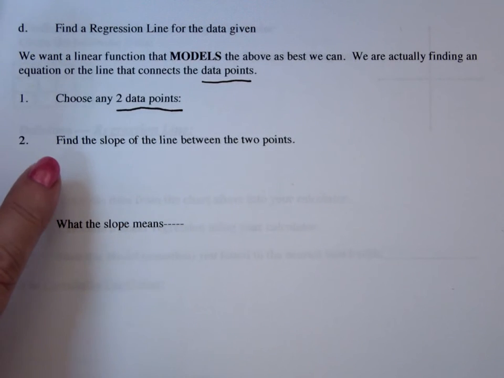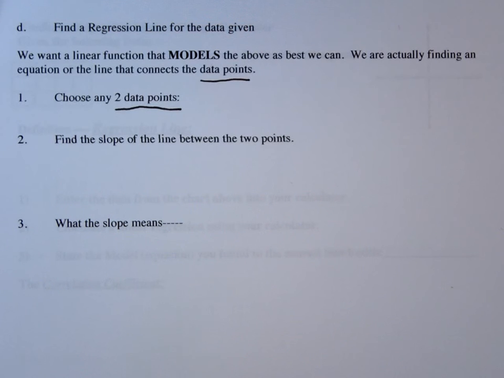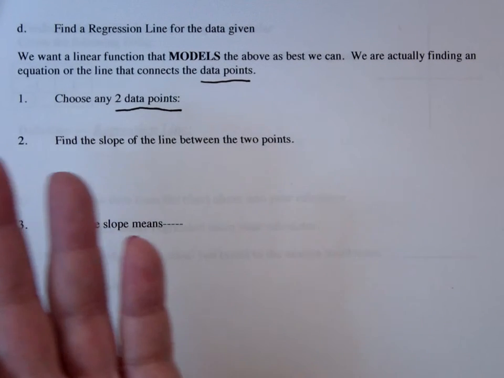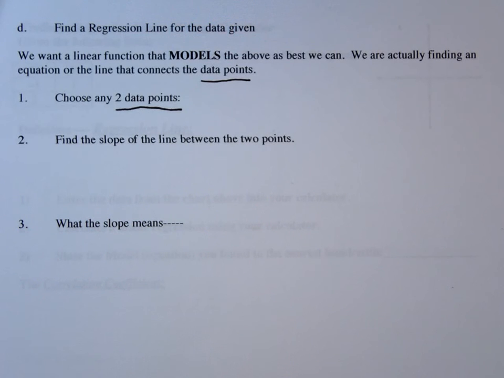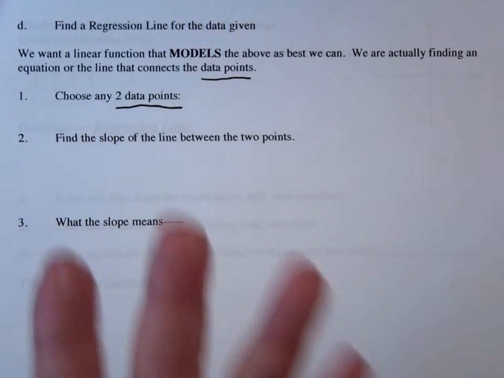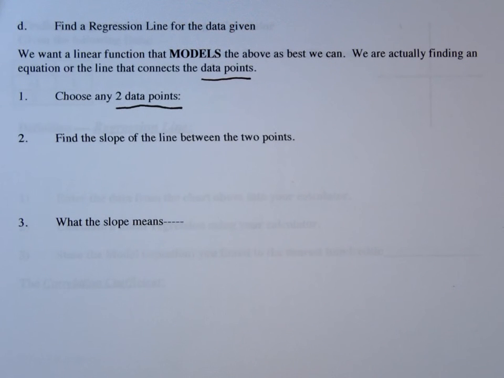We find the slope of the line, and remember, once we have 2 points, we can get the slope. Once we have the slope and one of those 2 points, I can find the equation of the line. That's why a linear model is so easy, because I just pick 2 data points, find the slope between those 2, then pick one of those 2 points, and I can find the equation of that line. So it's an easy model. If you're going to do a mathematical model, it's the easiest one to actually do.